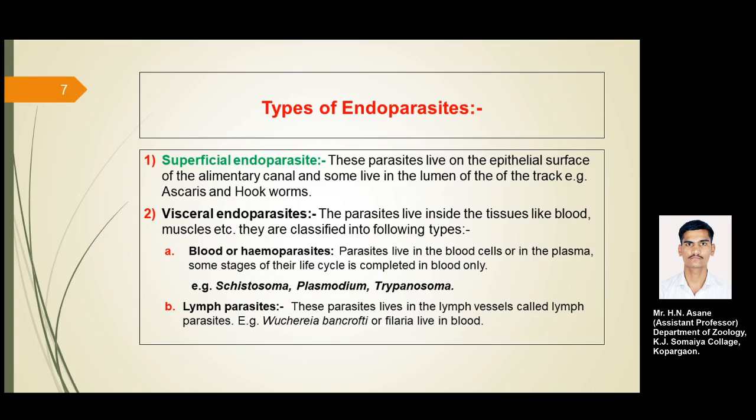So what are these superficial endoparasites? They are the endoparasites which live on the epithelial surface of the alimentary canal, and some live in the lumen of our digestive tract.